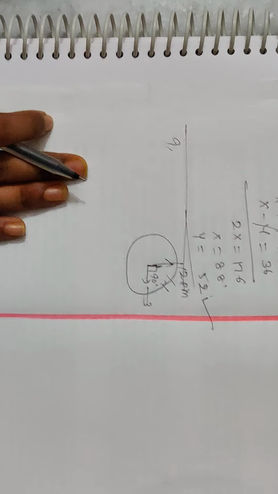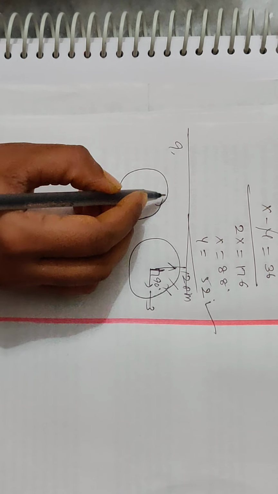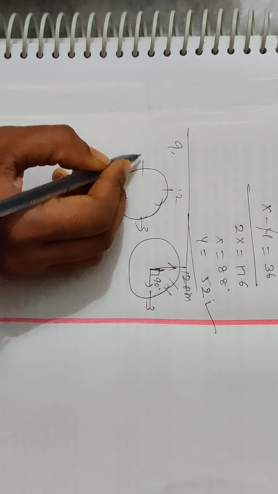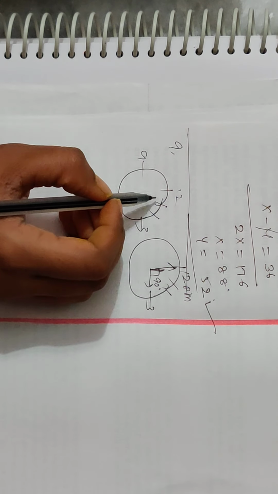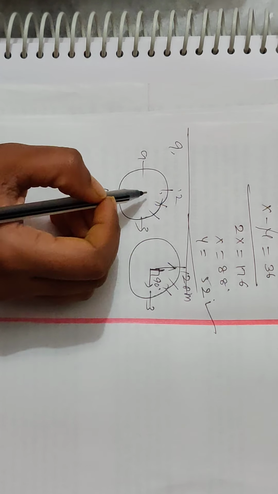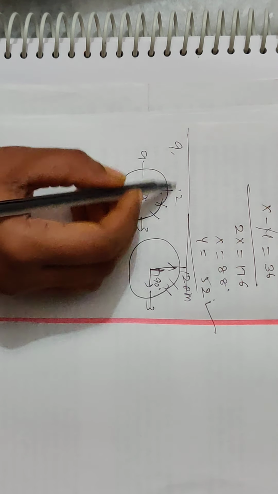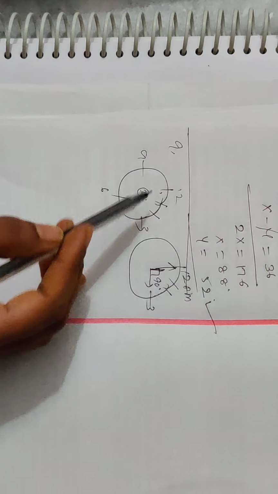Actually, I'll tell you one thing. Here 12, 3, 6, 9. The total angle is 360 degrees, right? And 12 divisions are there.